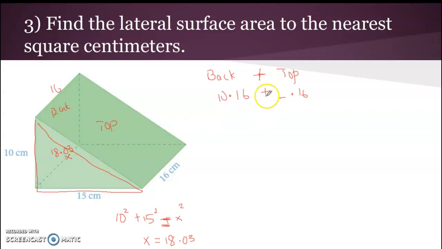So now the top would be 18.03 times 16, and then we of course have the bottom piece here, which is this guy right in the bottom here, the one that I'm outlining, which is 15 times 16.